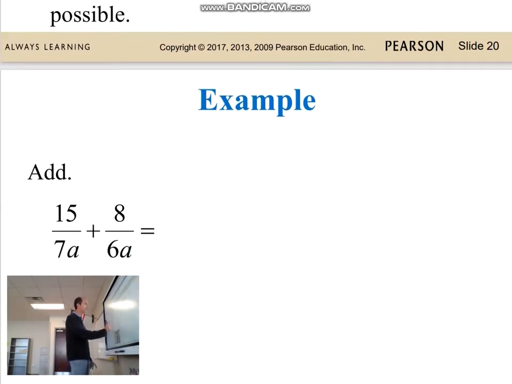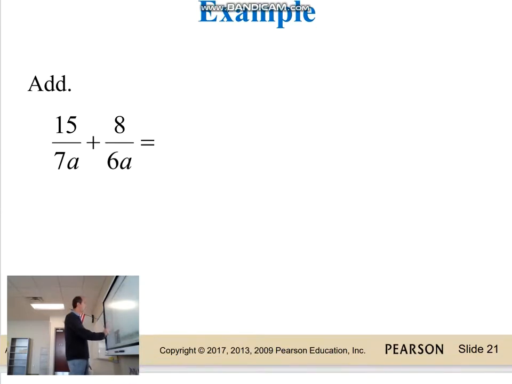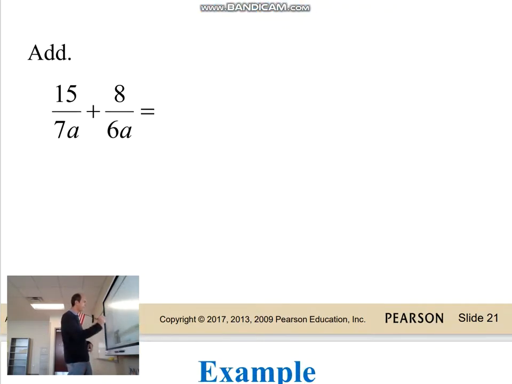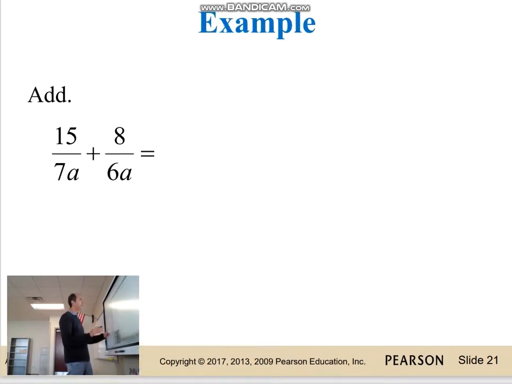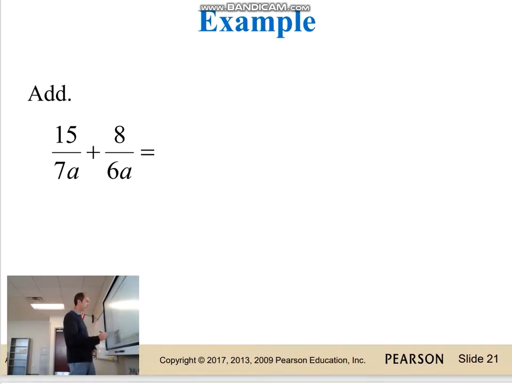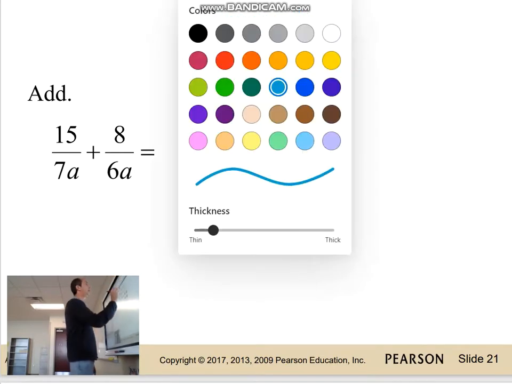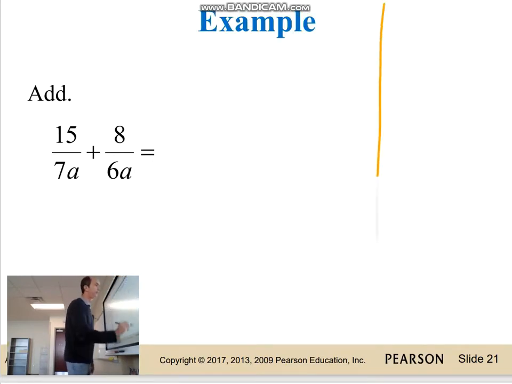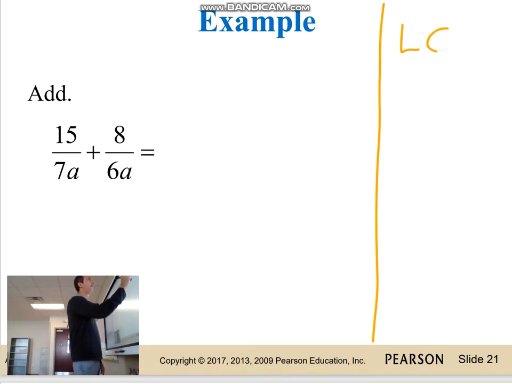Again, better to understand by working on an example. The first example that we have is 15 over 7a plus 8 over 6a. First step, find the least common denominator. Let's write here on this side. Find the least common denominator.